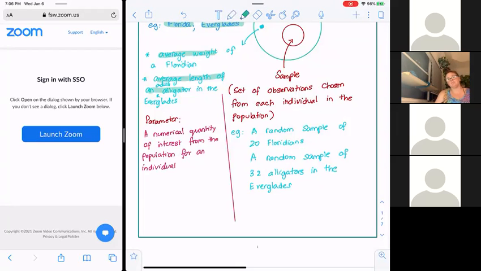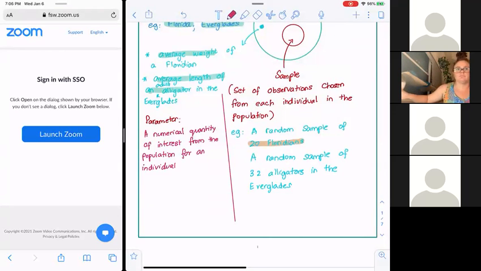We can get their weights, take the average, and that is going to give an estimated value for the average weight of a Floridian. Likewise, I could go look at those 32 adult alligators, measure their lengths, take the average, and that is going to give us an average length for an adult alligator in the Everglades.